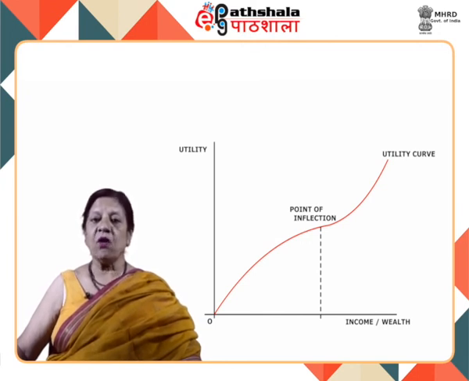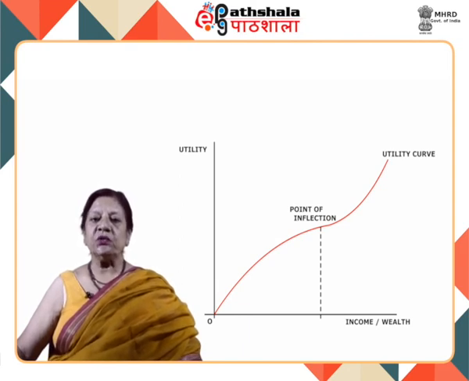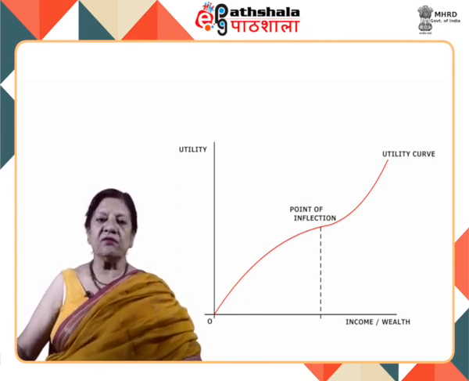There is a point of inflection at the point where the curve changes its character from being concave to becoming convex. This corresponds to the income or wealth at which the economic agent changes his attitude from being risk averse to being a risk seeker.